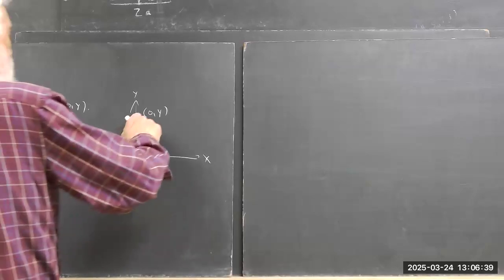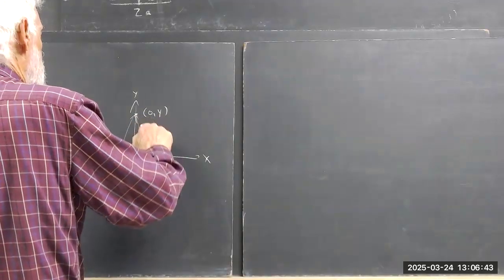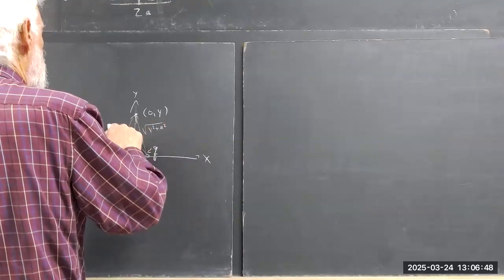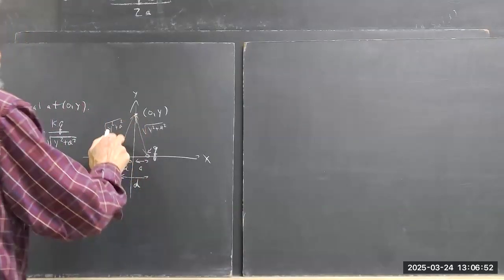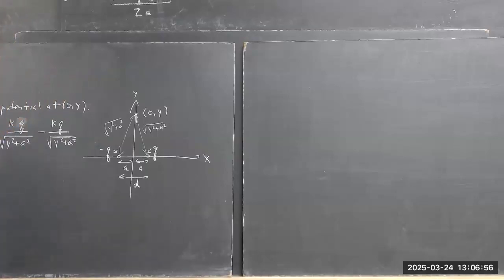That's because of the Pythagorean theorem, which should be obvious and natural. And what's that add up to? That adds up to 0.